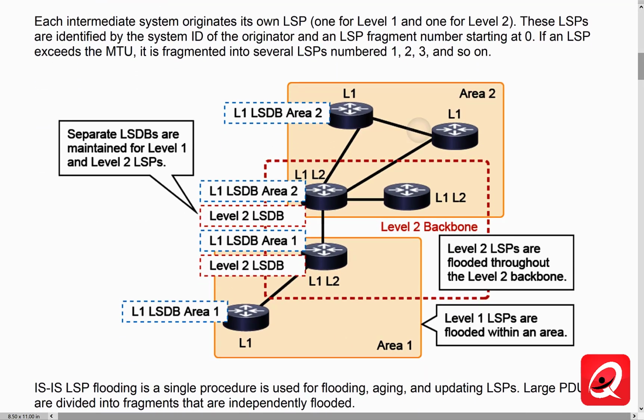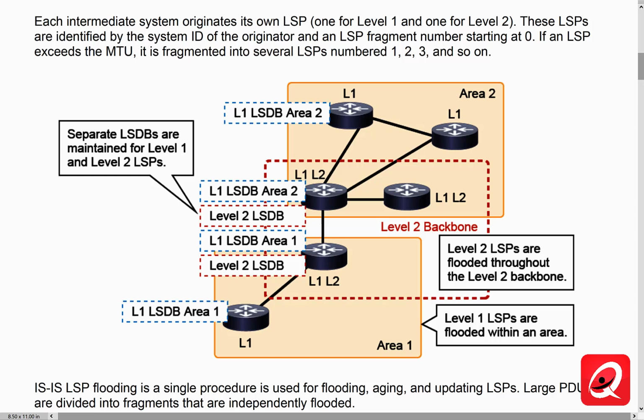So the next thing we're going to talk about is flooding the LSAs, or the LSPs, I should say. Every intermediate system in the domain has its own link state packets. And again, we create separate link state packets for level 1 and level 2. Those link state packets are identified by the system ID of the router that is originating them.